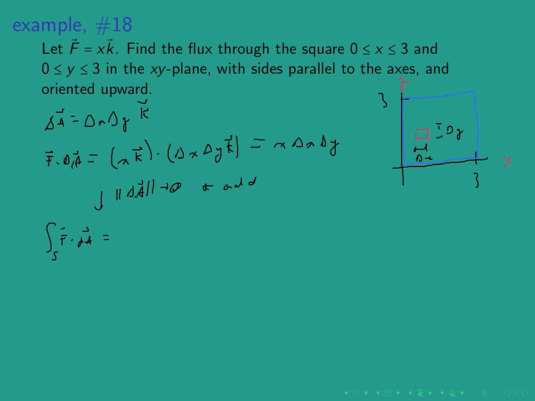So we're going to do a double integral. The integrand is going to be x dx dy, where the y values go from 0 to 3, and the x values go from 0 to 3. Okay, this is a very simple integral to evaluate. It's a polynomial, and if you do that, you get 27/2.